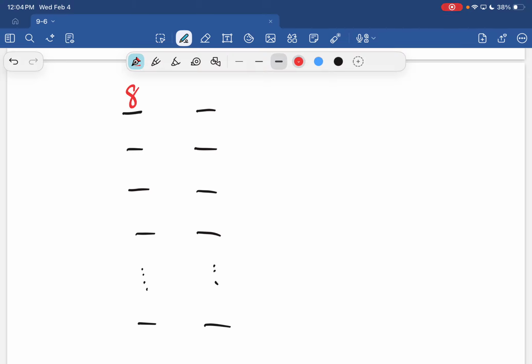How many choices of the girl? 8, good. And then we'll have 7 choices for the next boy, and then 7 choices for the next girl, all the way down the line. So 8 factorial squared, all the way down to our last boy and our last girl, which we only have 1 choice for. So our answer, or so we think, is 8 factorial squared.